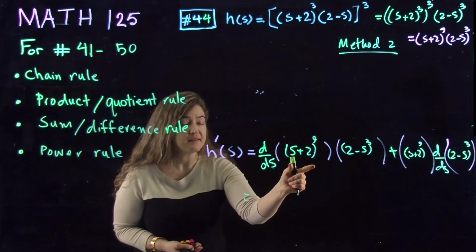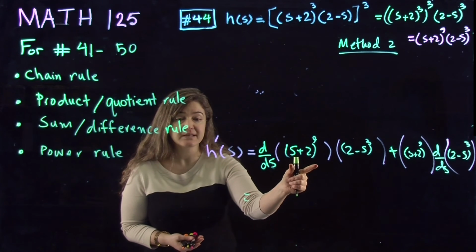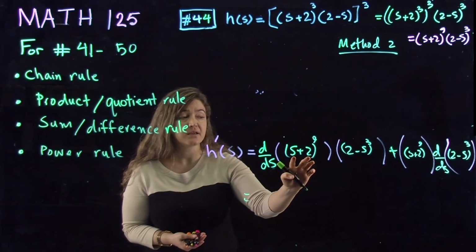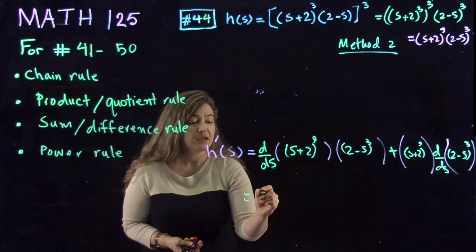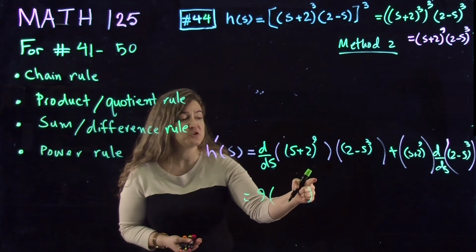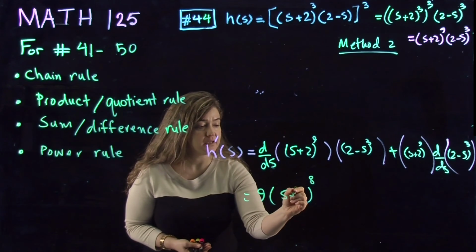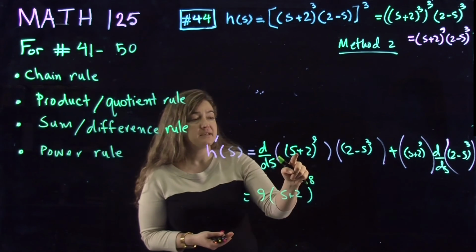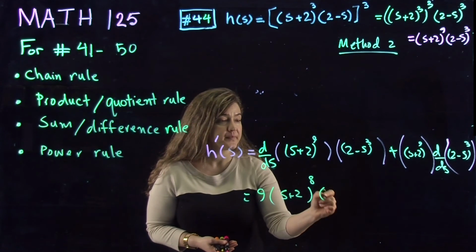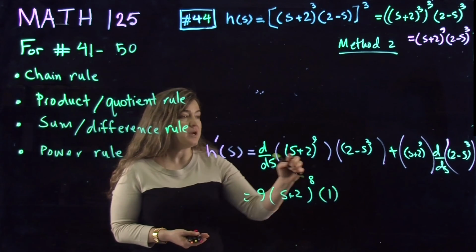The derivative of the first term is another chain rule. Outside function 9, inside function s plus 2. I rewrite it as 9 times parentheses to power 1 less, and then the inside unchanged. Then I take the derivative of the inside, which is the derivative of s, which is 1, plus 0, and I write it as 1.